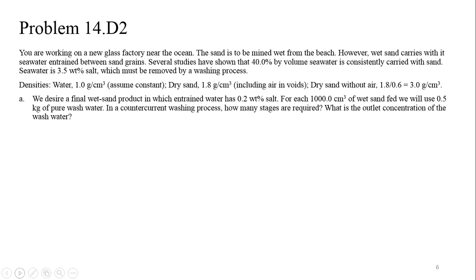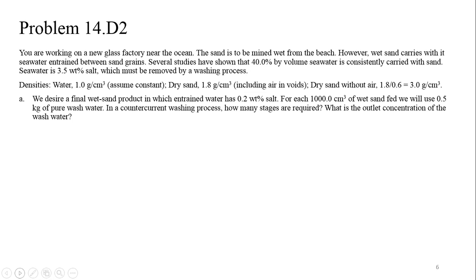has a certain density. And then of course there's a density for the dry sand if you were able to, let's say, crush it so that there were no pores, and that would leave you with just the solid density, right? And that's going to be higher. And so that's what we see. So what we want is to come out of this process with a sand that has entrained water that only has 0.2 weight percent salt in it.